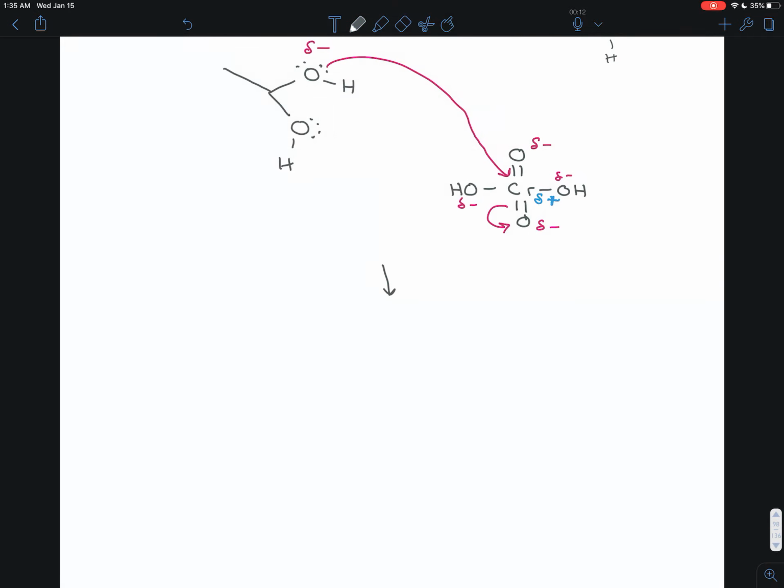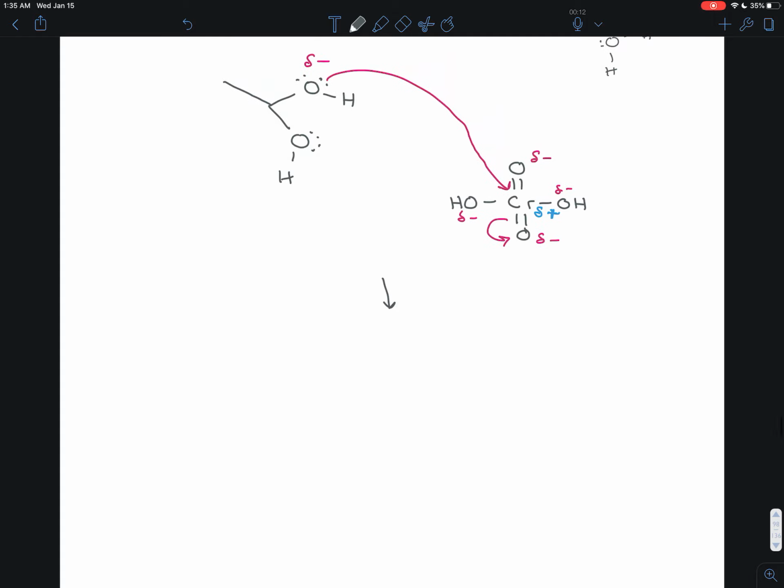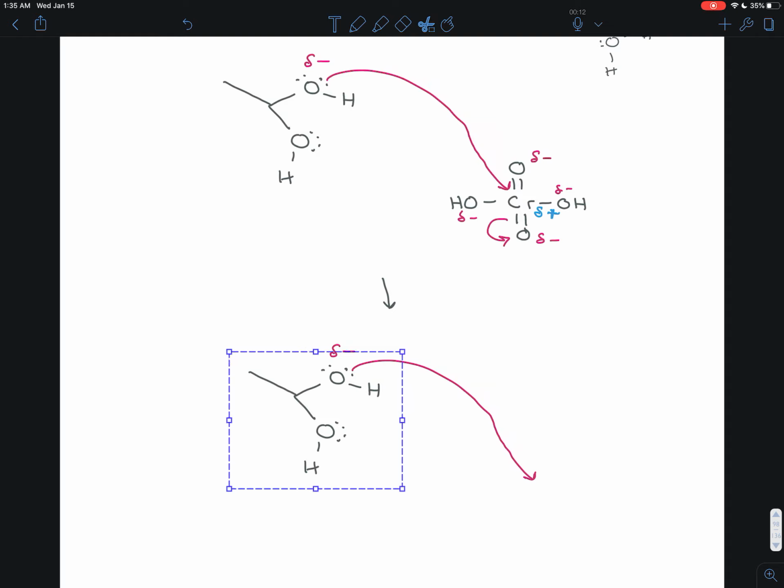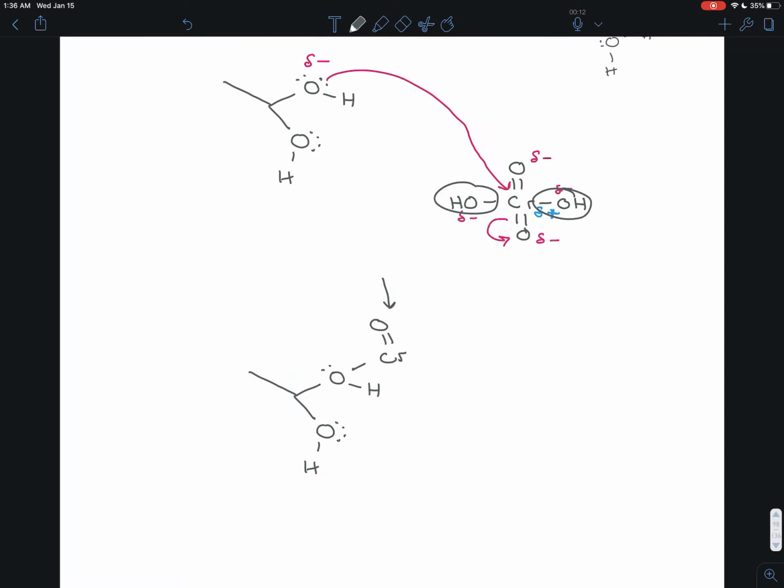And what you have now is this oxygen also being bonded to that chromium. Now the chromium is going to have one double bond to an oxygen. It'll have two bonds to OHs.